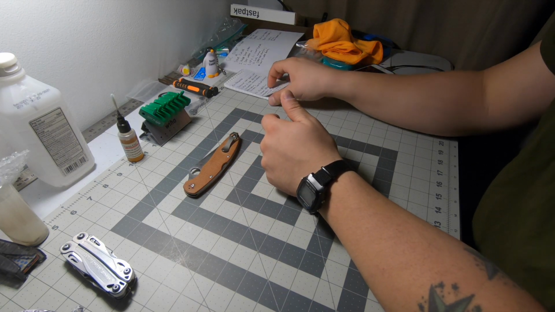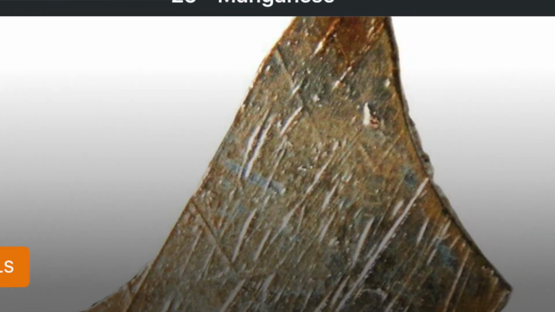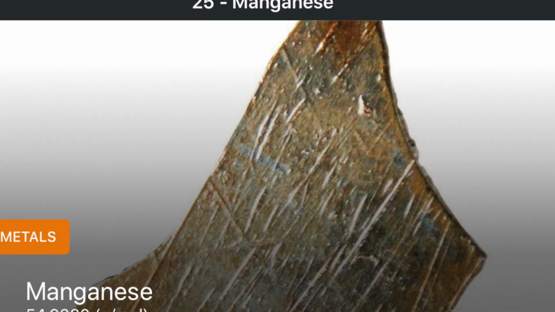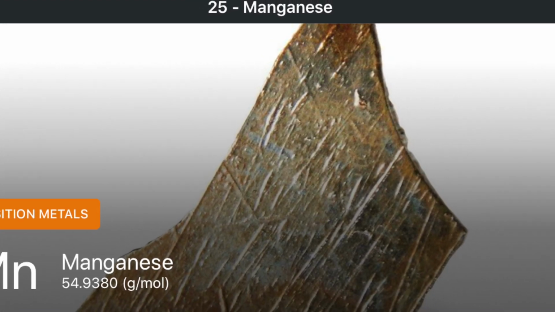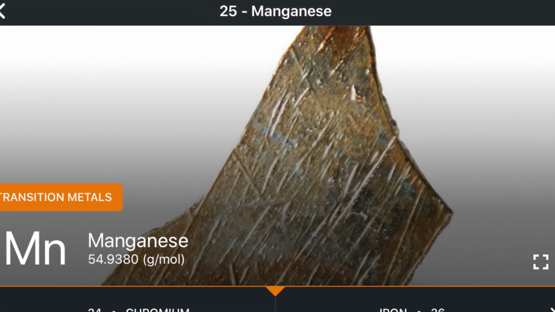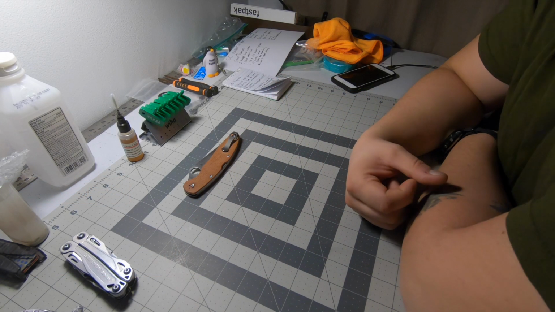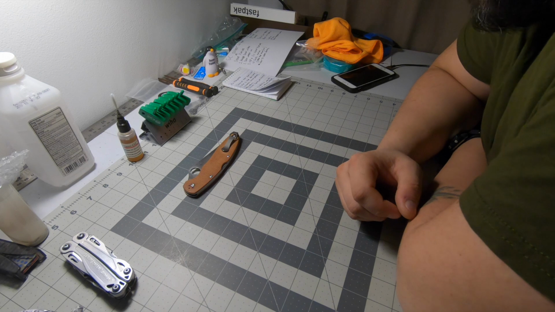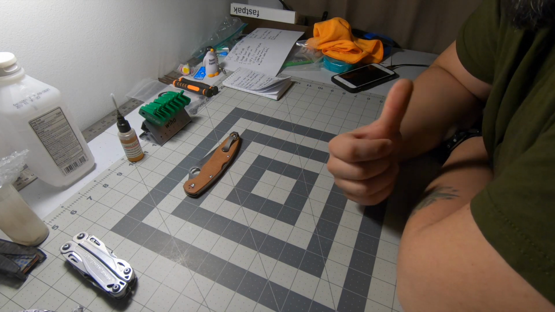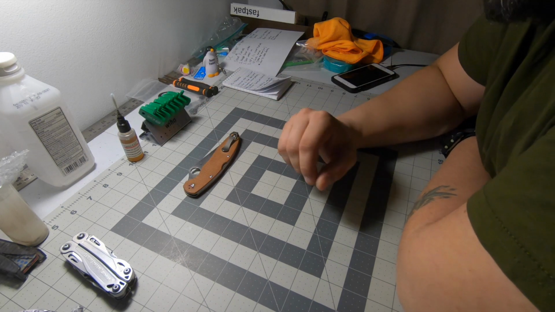Next we have manganese. It's a deoxidizer and degasser. It reacts with sulfur to form a manganese sulfide. As we know from the first video, we don't want a lot of sulfur in our steel. We don't want any sulfur in the steel, really, unless we want it to be easier to machine.